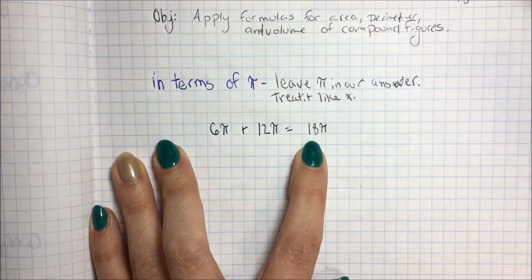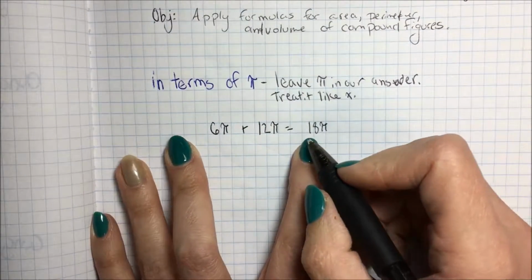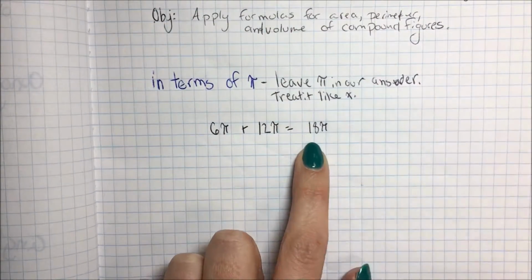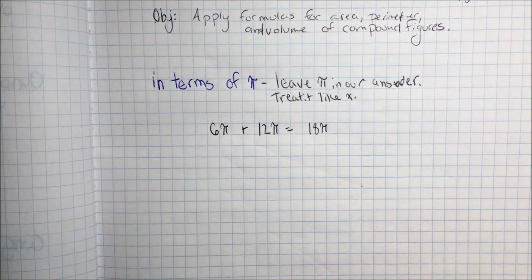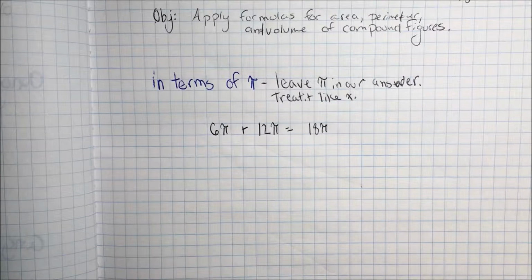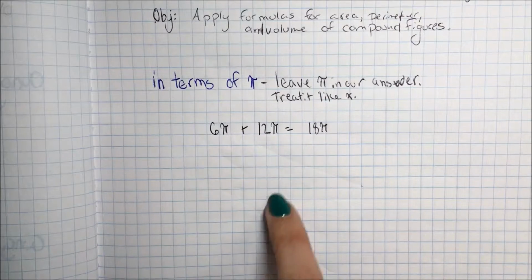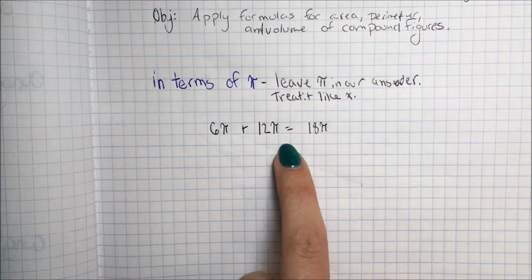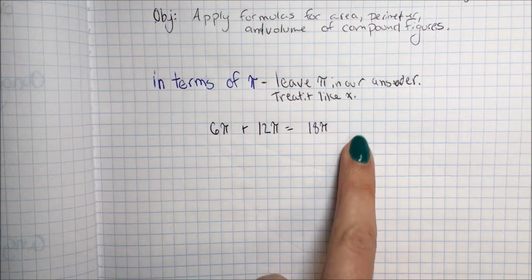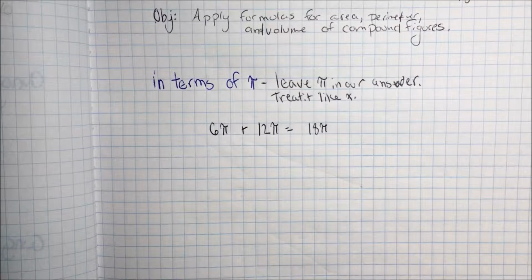If I were to round this, I would put this in my calculator as 18 times pi, and I would get something around 60 for the answer. So if they ask you to leave it in terms of pi, you need to leave pi in your answer and treat it like an x. Combine like terms with pi, that kind of idea.